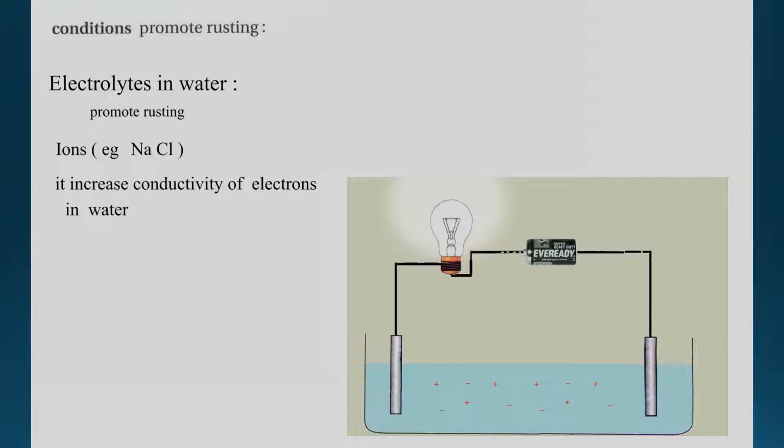So in the picture, if you have a battery and you connect onto the rod, pure water does not conduct electricity well. But once you put a spoon of salt containing positive, negative ions, it will conduct electricity well.